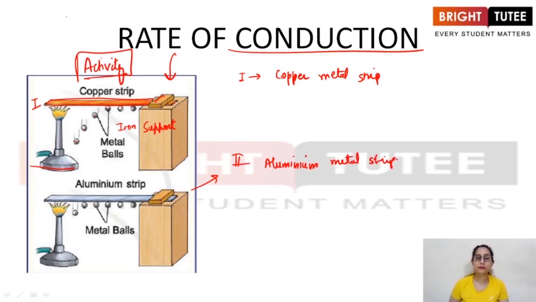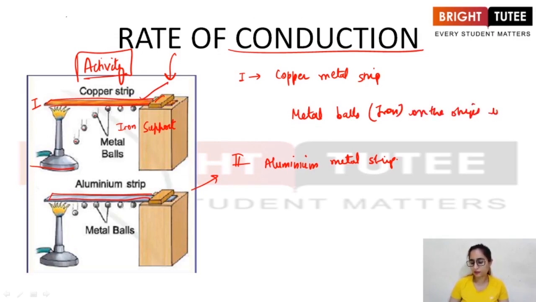So basically you have two metal strips, copper and aluminium, and you have fixed metal balls, iron you can say, on the strips with the help of wax. You have used that wax to stick the metal balls on the strip of the metal, right? As you can see, these metal balls are still stuck.